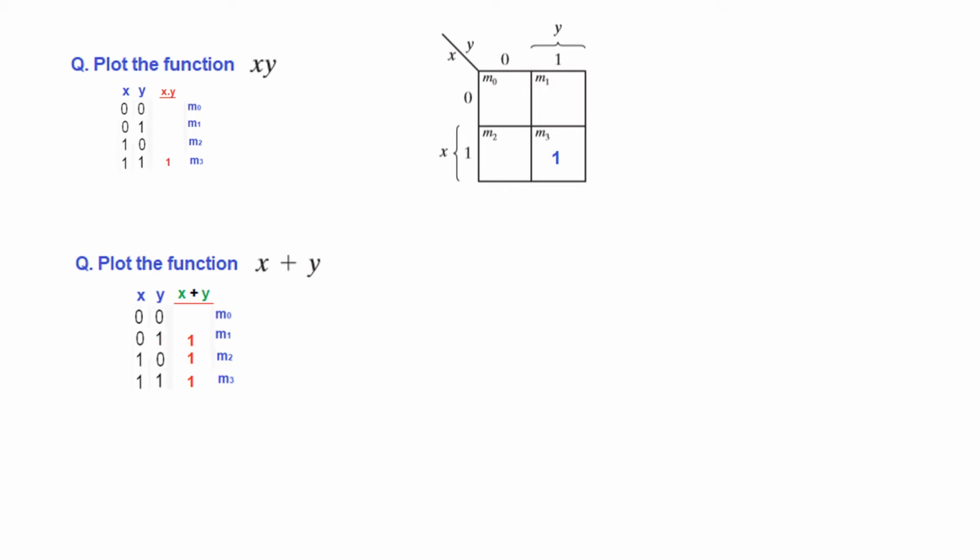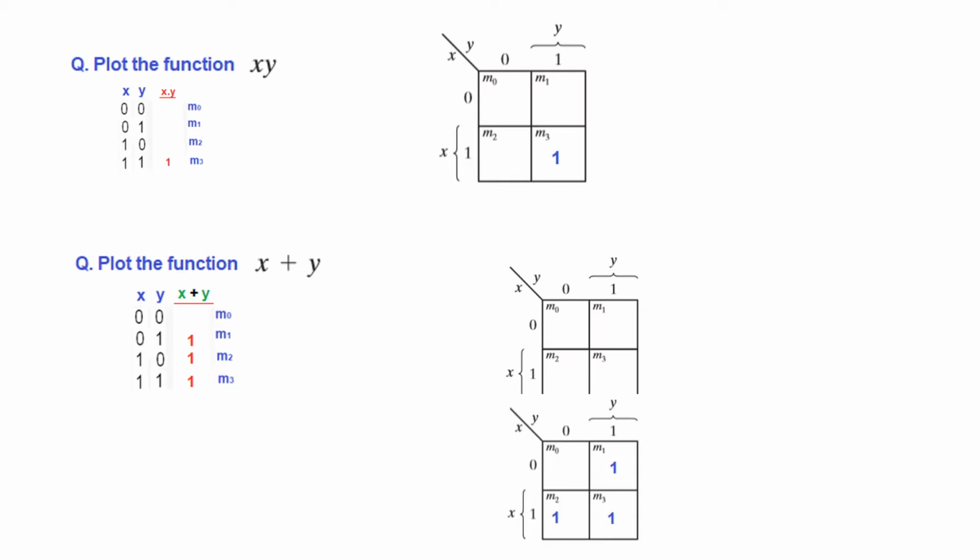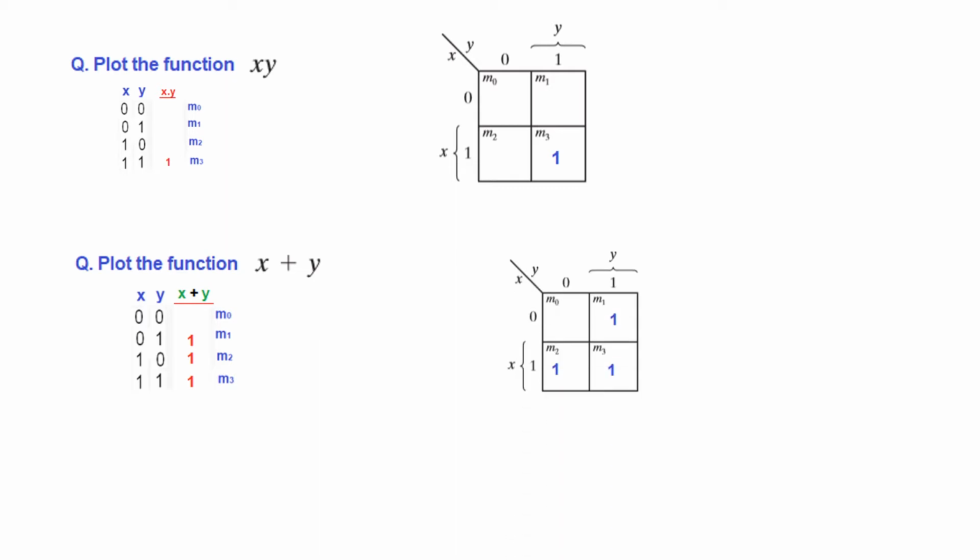When x is 1, it is 1. And when both are 1, it is 1. That means we'll have to put 3 ones in these 3 boxes, M1, M2, M3. So let's plot. So this is the box. And now we put 1 into M1 and then M2 and M3. So this is how you plot the functions.